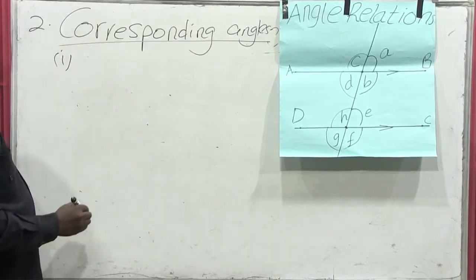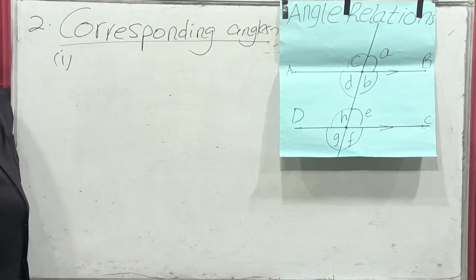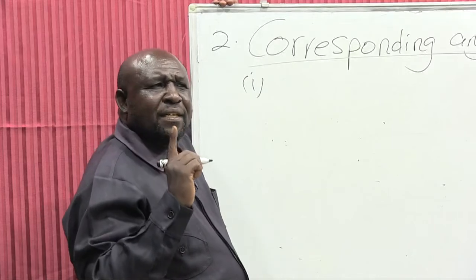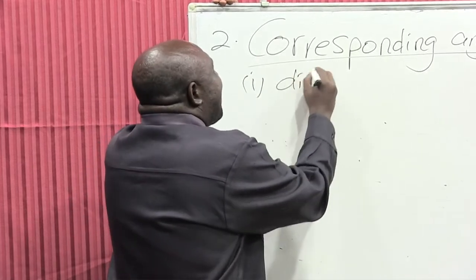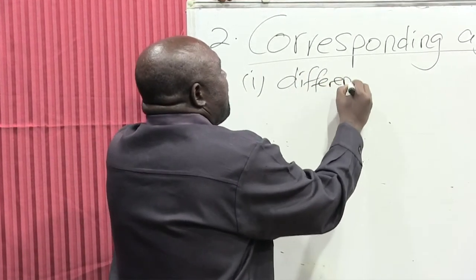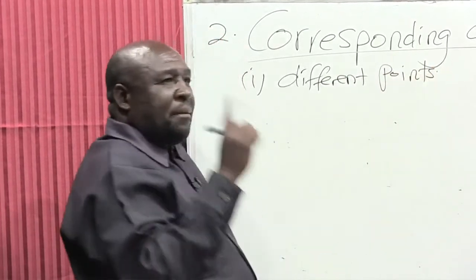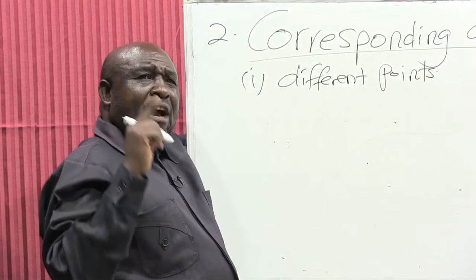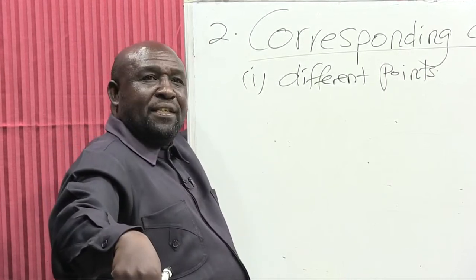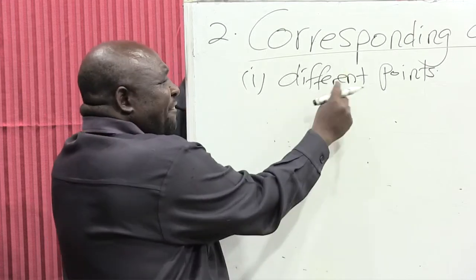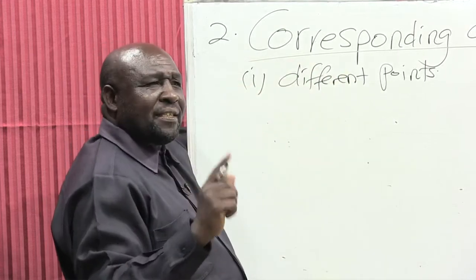Number one, we are talking about points. Different points. Remember, vertical opposite angles, same point. Corresponding angles, different points.